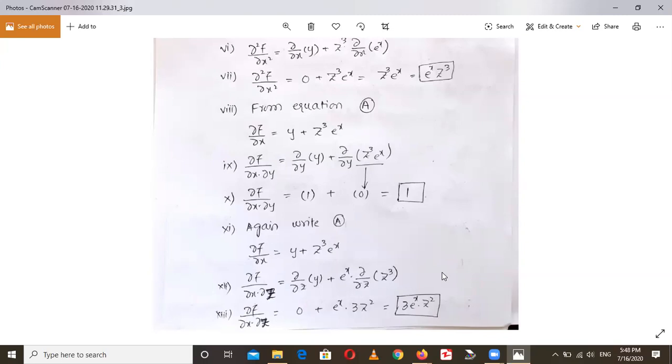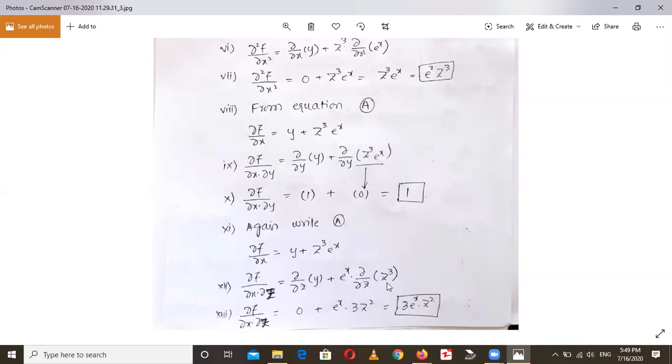Now I differentiate y. I'm going to differentiate this with respect to z. So e power x will move forward, and I will only differentiate z power cube. Now, y here is a constant, so the differentiation of a constant is equal to 0. E power x will remain as itself, and here I will apply the power rule.